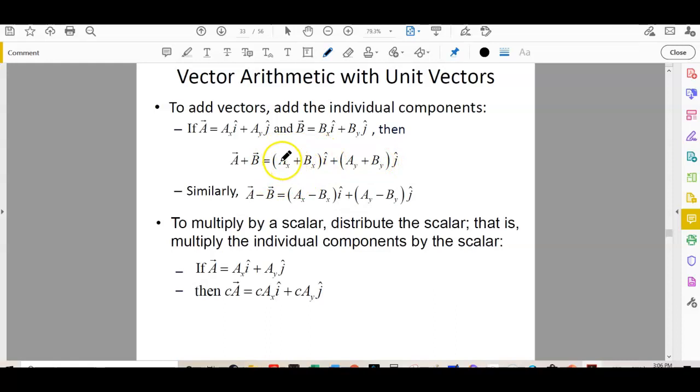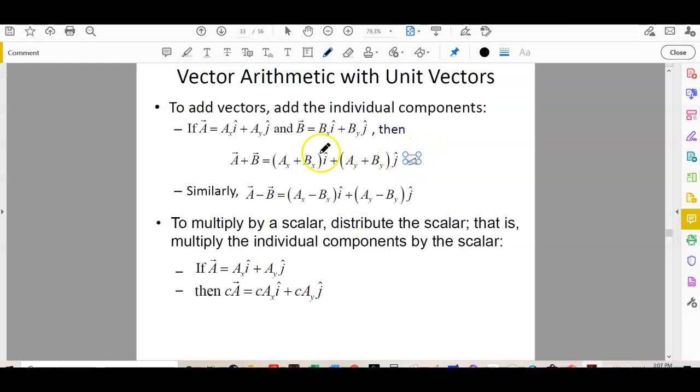Like this is positive 4 and positive 3. This would be a total of 7 i hat, and this was 6 and 5. This would be a total of 11, right? And then you could quickly see that.